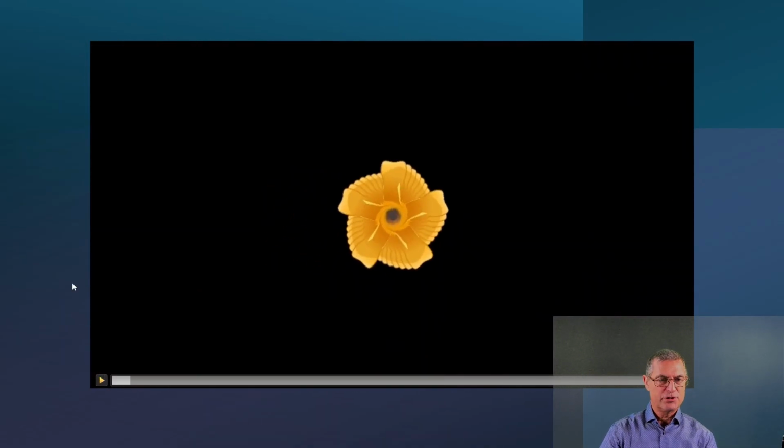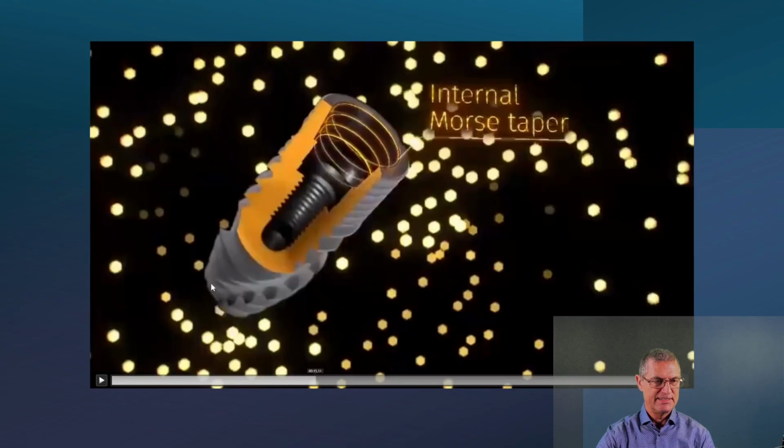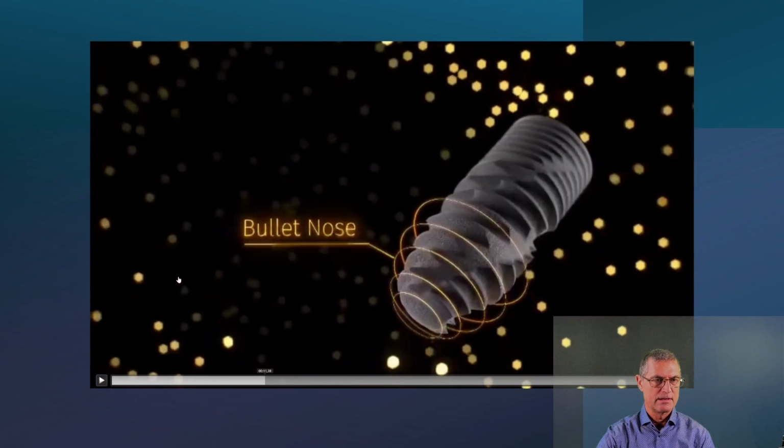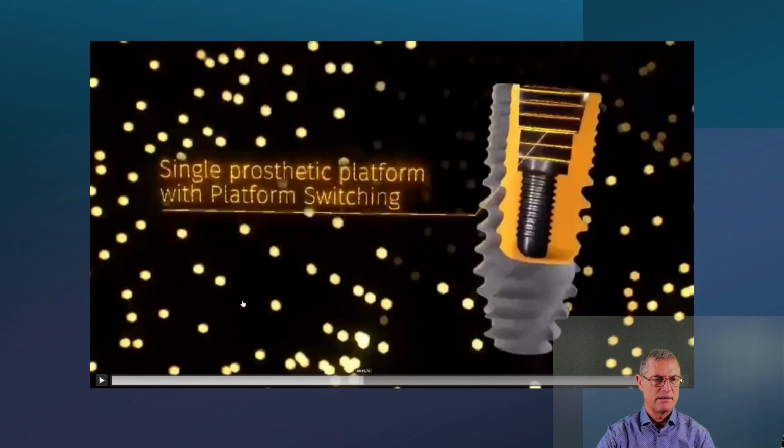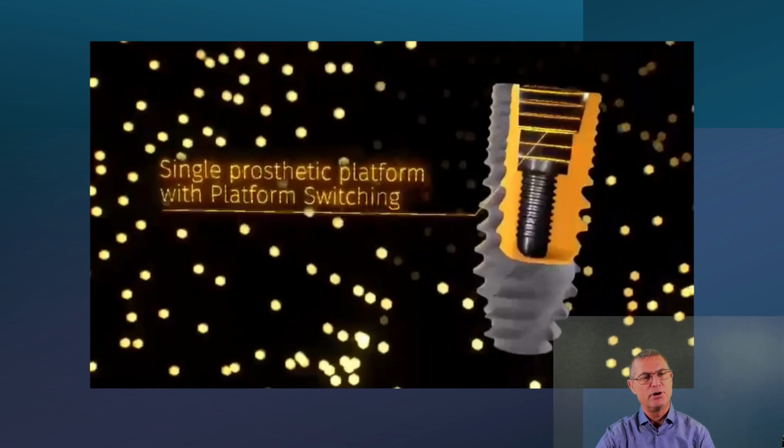Oh, what I want to show you again. Yes, this is important for me. A single prosthetic platform. Why is it important? You have so many pieces for an implant system. If you start, you have the implant, you have the abutments, everything, healing abutments.